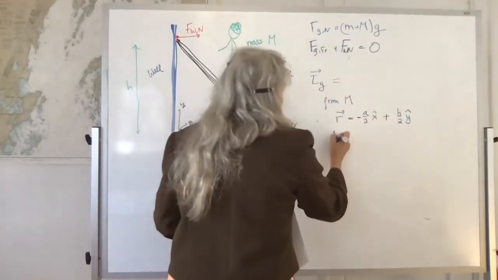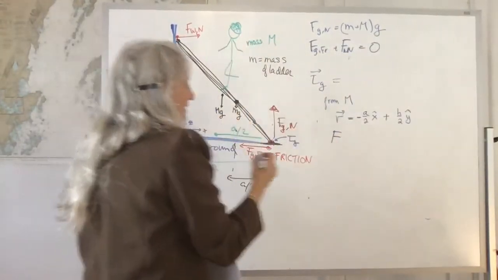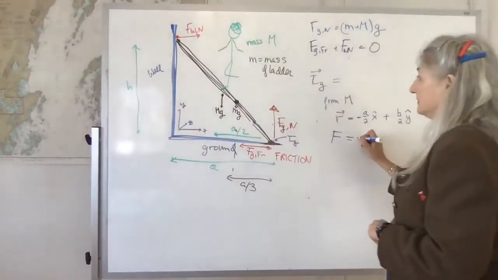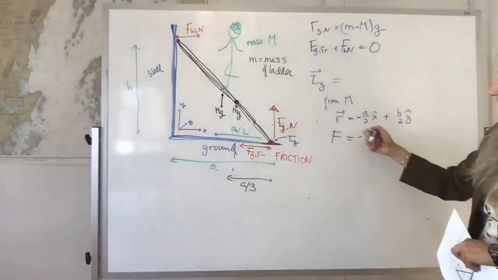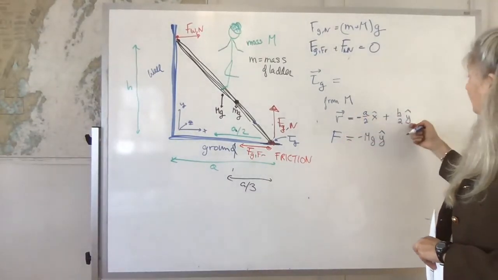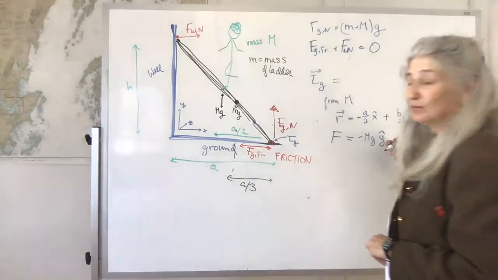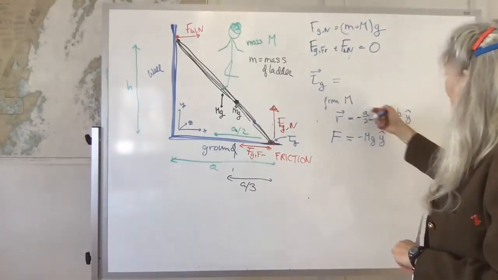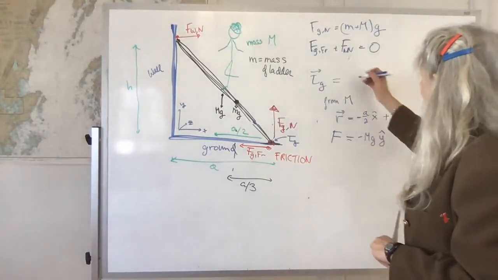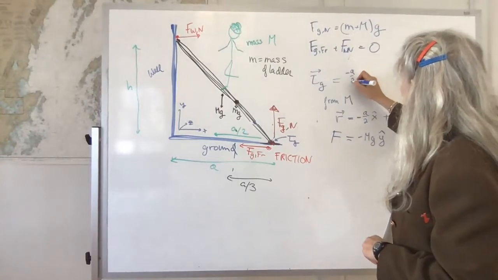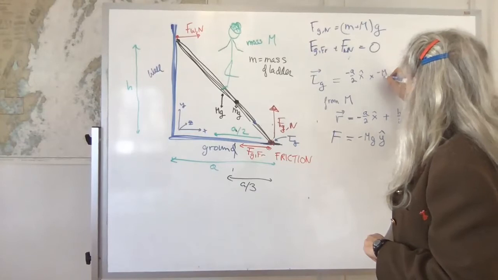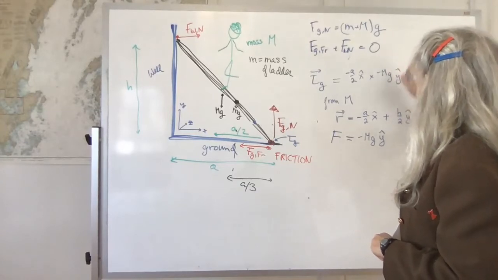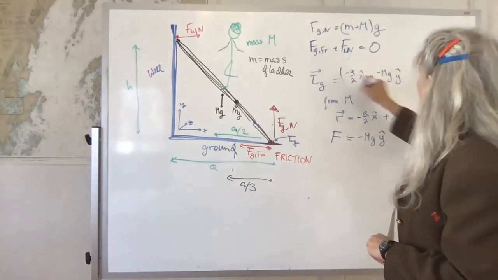And the force is gravity, so the force is minus mg y hat. When I take r cross f, the y hats will annihilate each other, so I only care about these two. So I have minus a over 2 x hat cross minus mg y hat. And that's the first term.